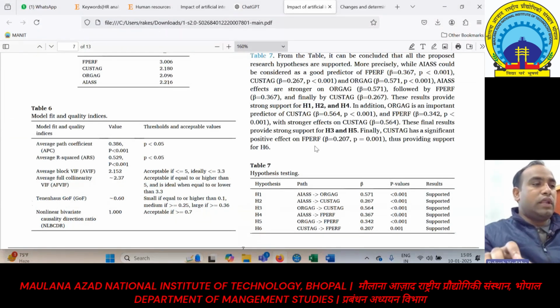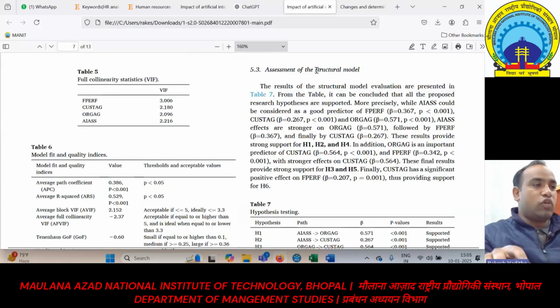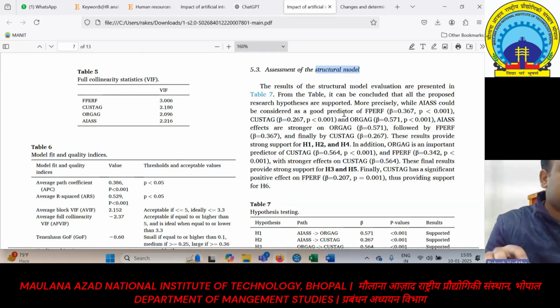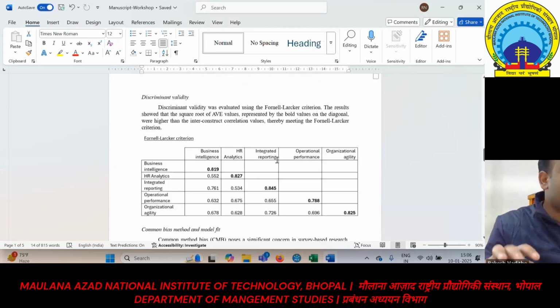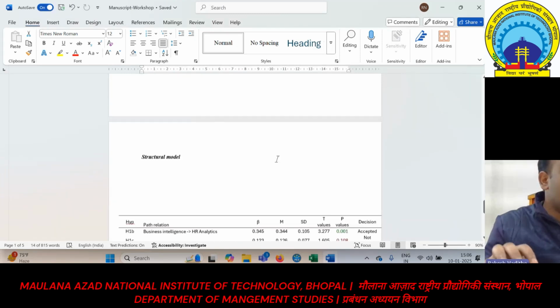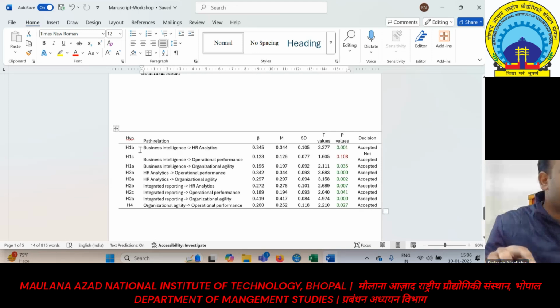The interpretation for this structural model, by reading this you can understand. First see the firm performance, that is, the AI to firm performance beta value. In our study also, the beta values we have mentioned, we have to write the relation between business intelligence and HR analytics.